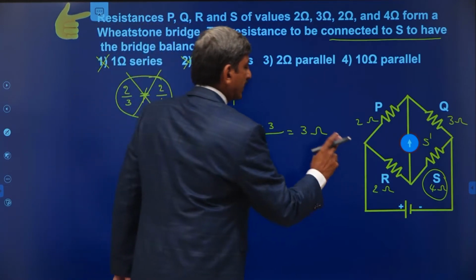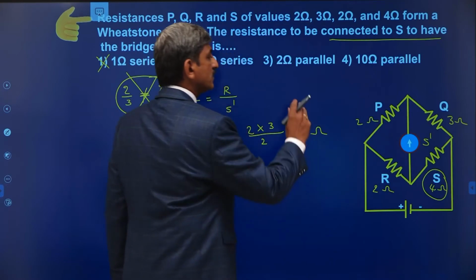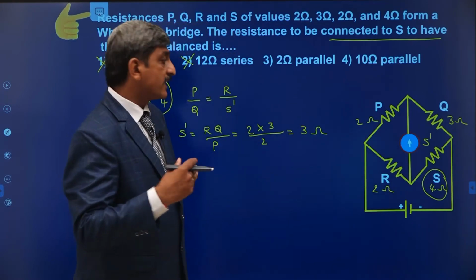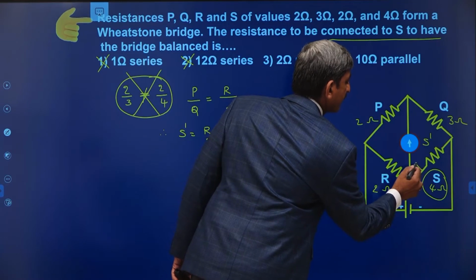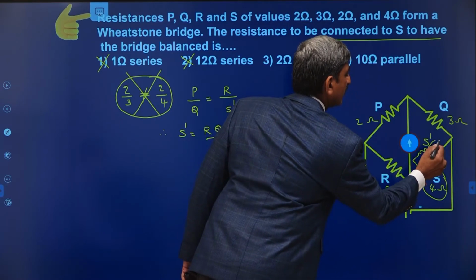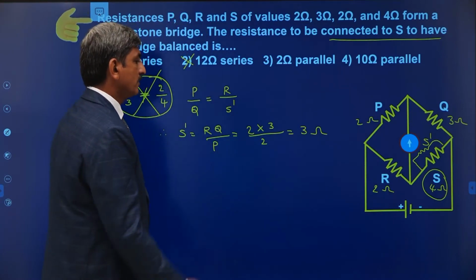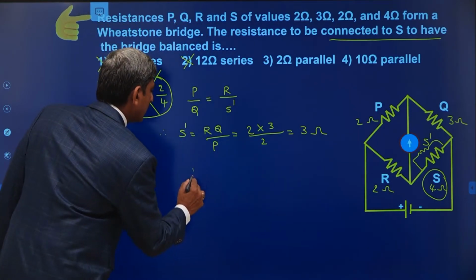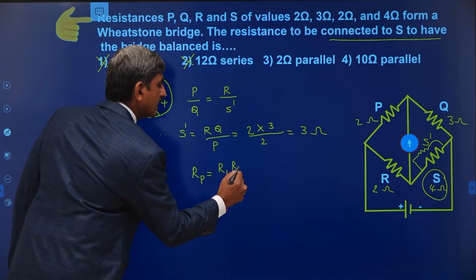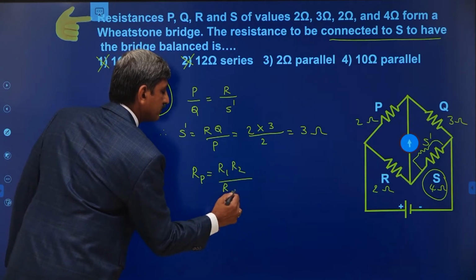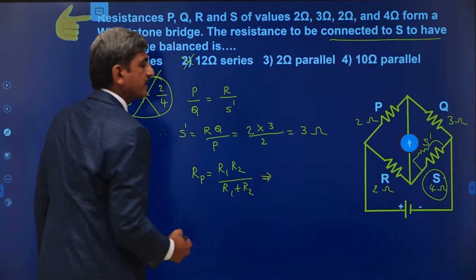Now the required resistance is 3 ohms, the available resistance is 4 ohms, so by connecting another resistance in parallel to this, we will get the required resistance of 3 ohms. For that, we already know that R parallel is equal to R1 R2 divided by R1 plus R2. So here, what is the required resistance?